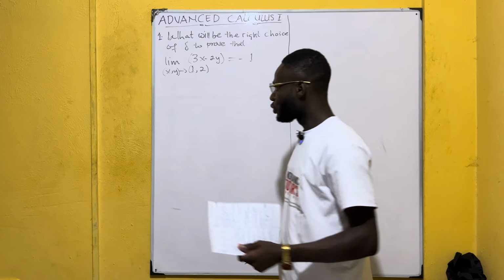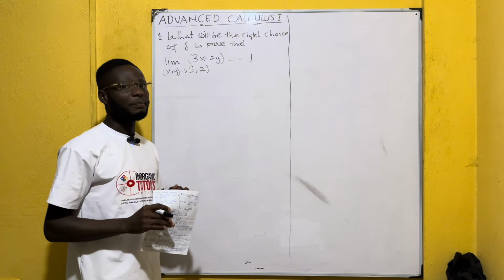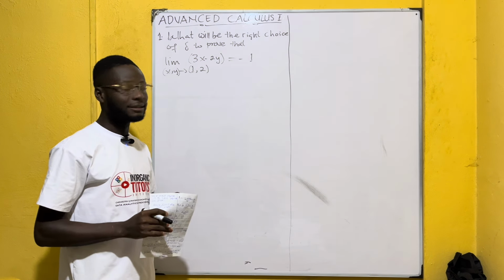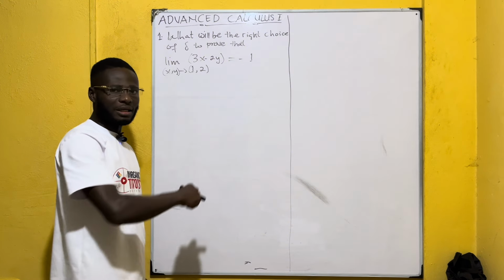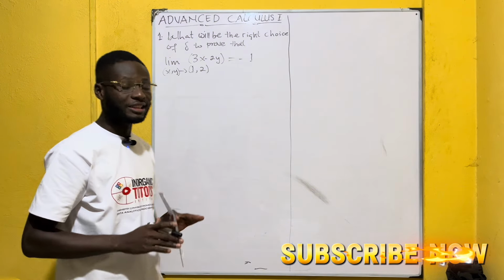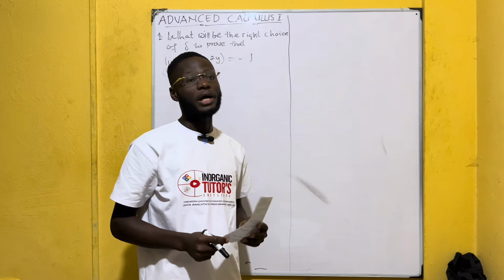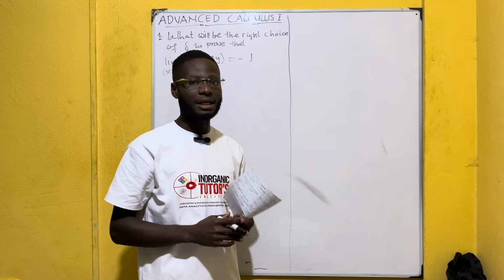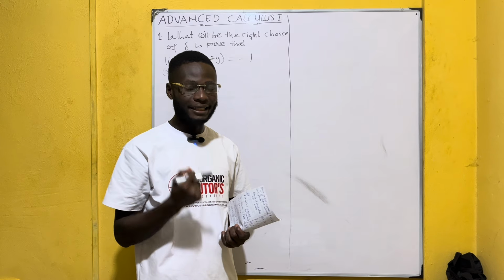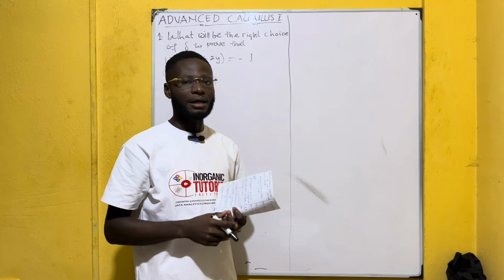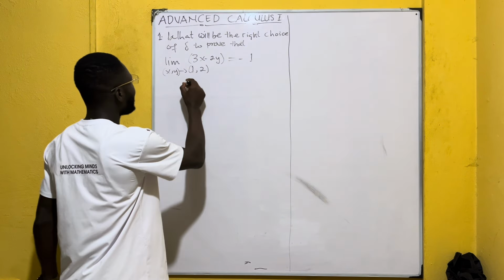To know the right choice of delta for a particular limit, you have to go through a series of processes, and that is where you use the epsilon-delta definition to identify the right delta.